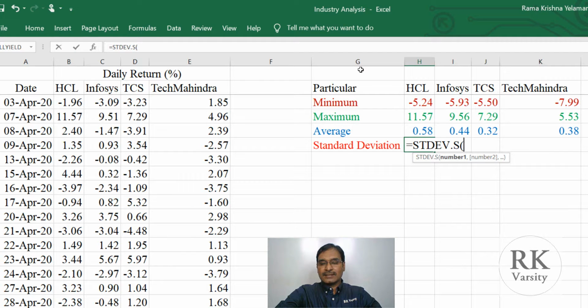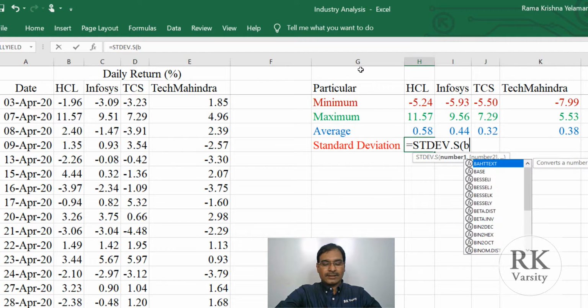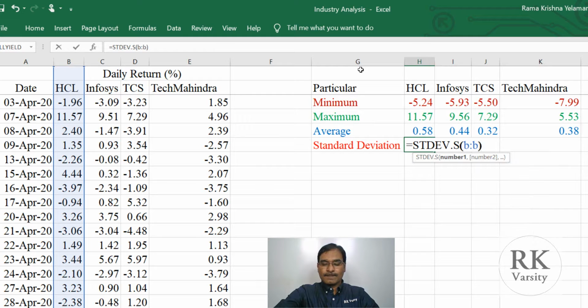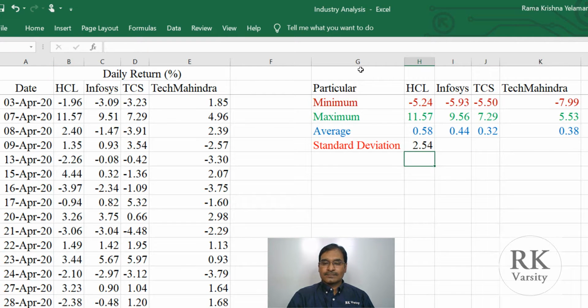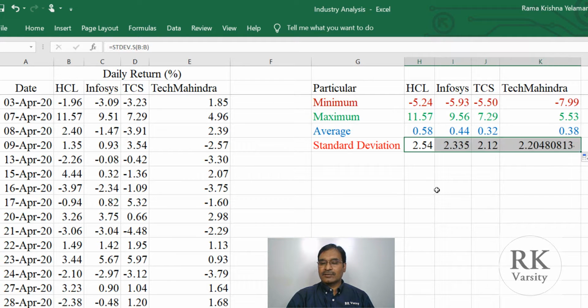Once you select STDEV, then select the range, that is B to B. While selecting the range as B to B, you should be confident that there is no other data in a particular column. So after that, press enter key. Then you have a standard deviation of 2.54. Drag this onto your right side to get the values for the remaining stocks.